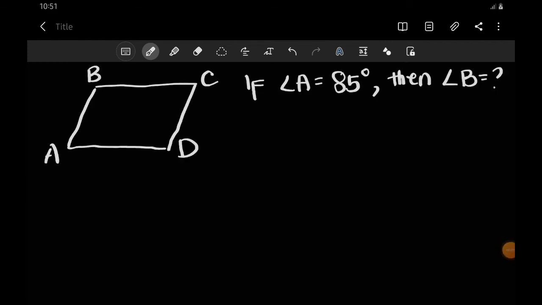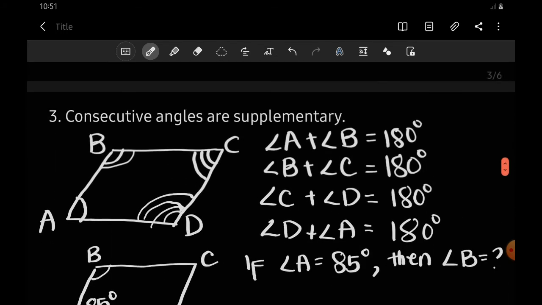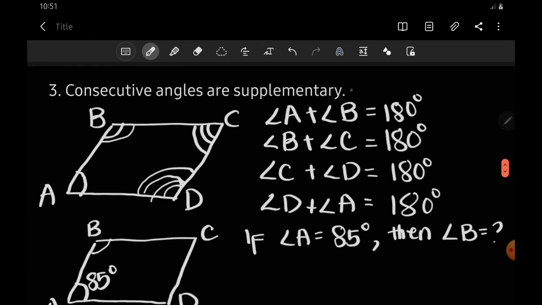For example, if angle A is equal to 85 degrees, then what is the measure of angle B? If we look at the figure, angle A here is 85 degrees, and yung sumunod na angle sa kanya is angle B. Since magkasunod sila, meaning they are consecutive, the property says consecutive angles are supplementary.